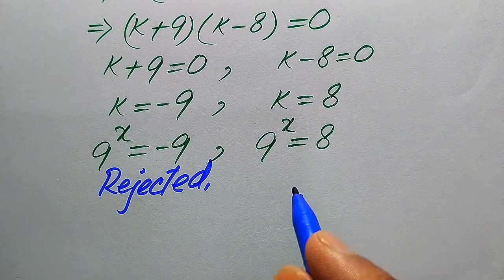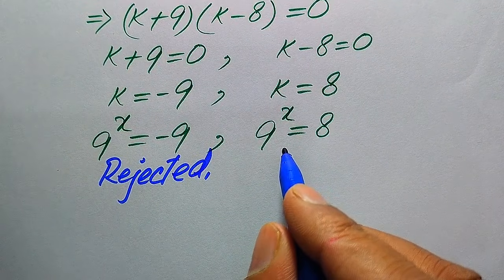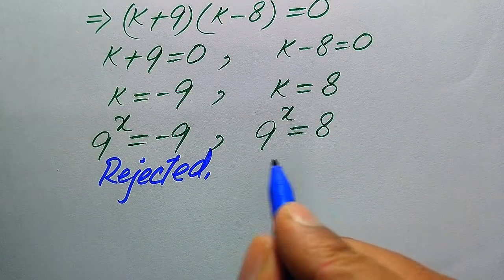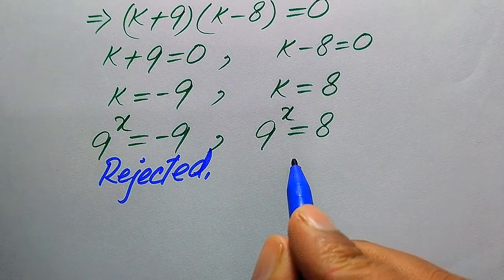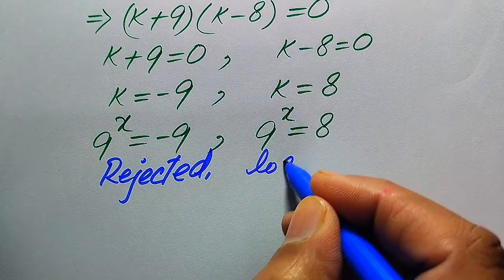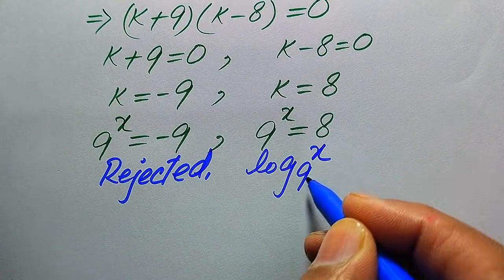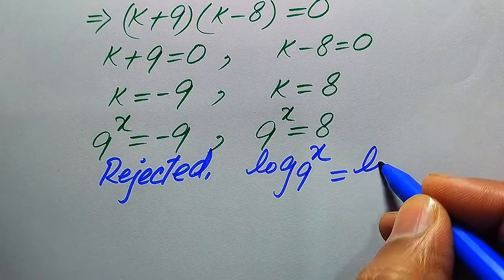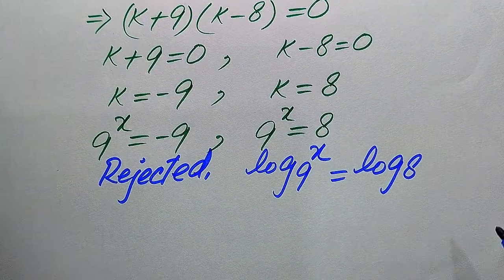And here in this case we need to rewrite this expression in this form, or in other words we just take the log on both of the sides. So when we apply log it will be written as log of 9 to the power of x is equal to log of 8.